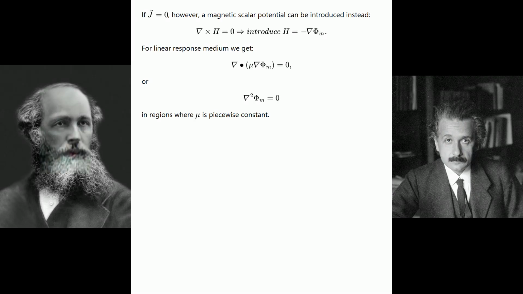In Coulomb gauge, gradient dot A equals 0, see the equation shown. If J vector equals 0, however, a magnetic scalar potential can be introduced instead. For linear response medium we get the equations shown, in regions where mu is piecewise constant.